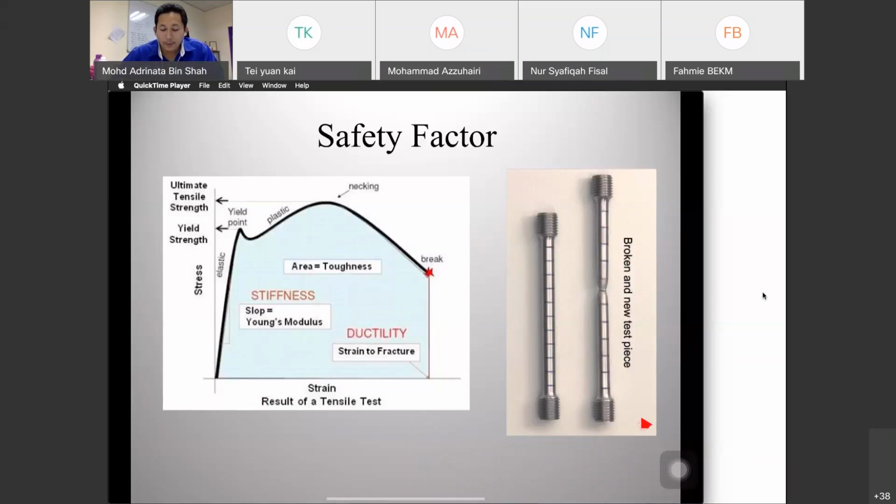Now, we try to look at the stress strain diagram. We always pronounce it as the Y to X diagram. The Y to X diagram in this figure is the stress strain diagram. This is the common stress strain diagram for ductile materials.